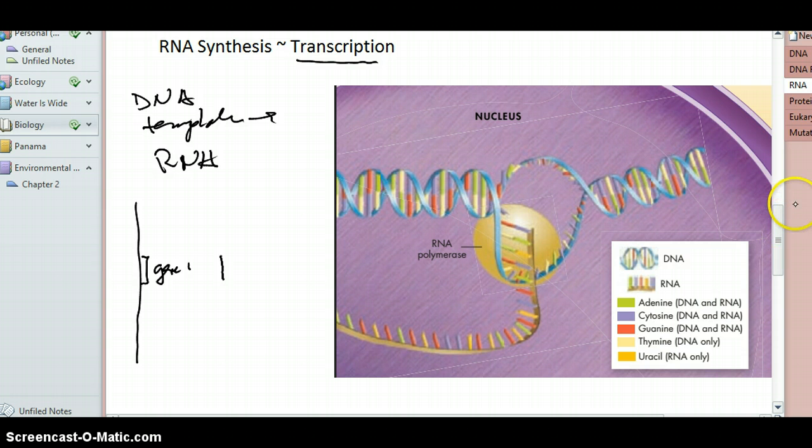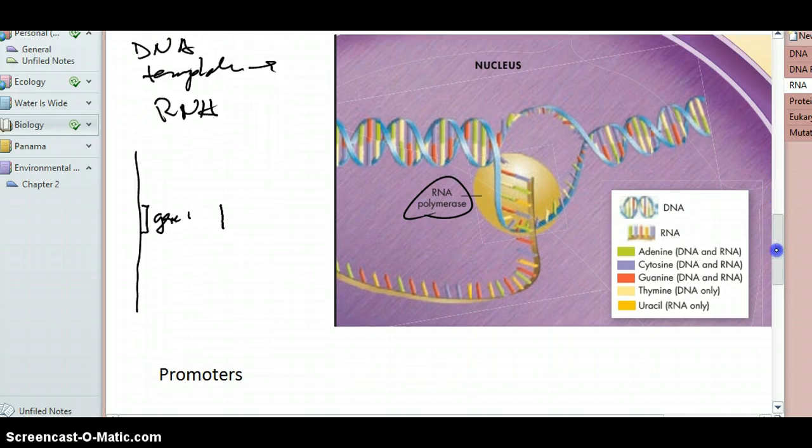Okay. Now, the main player here is RNA polymerase, the enzyme that carries out transcription. It essentially reads the nucleotides in that gene and builds up the corresponding piece of RNA that matches up with the bases in DNA.